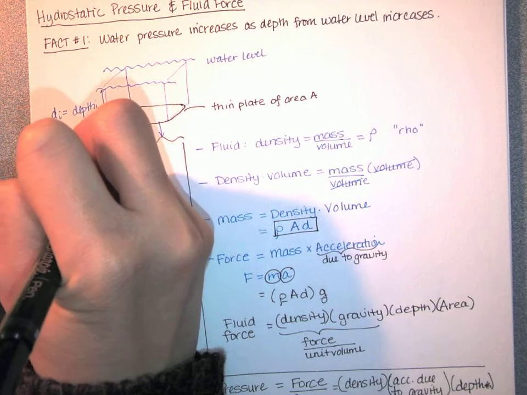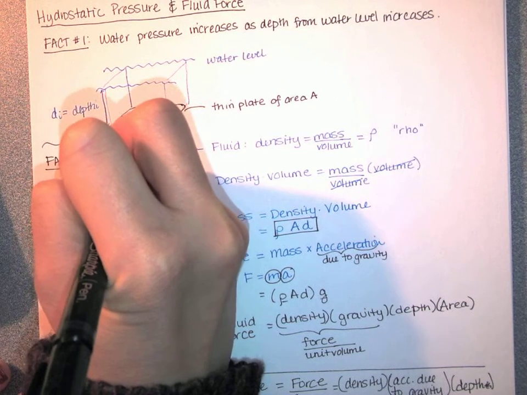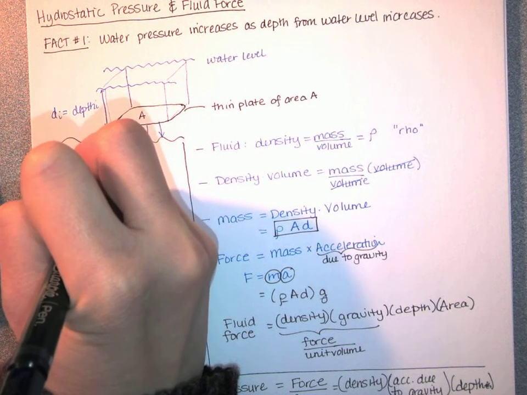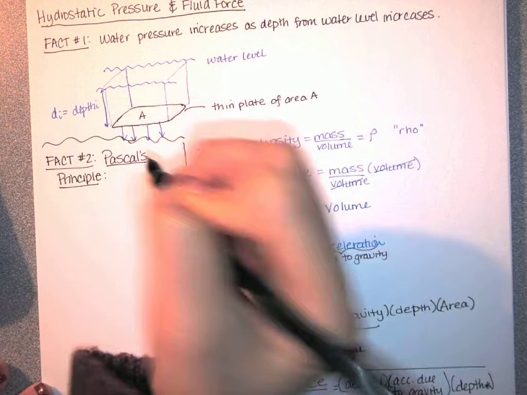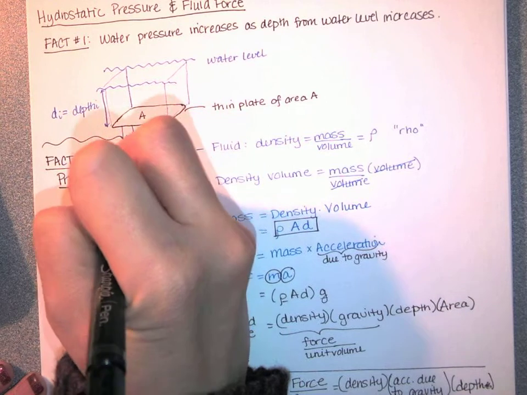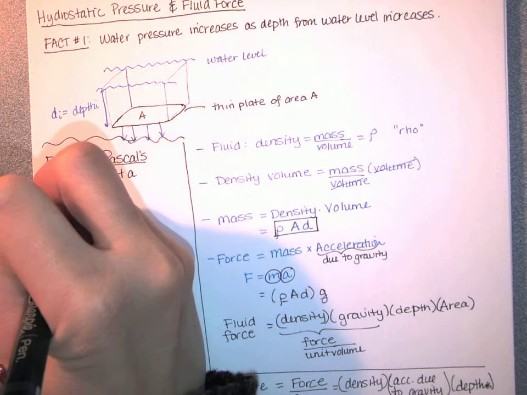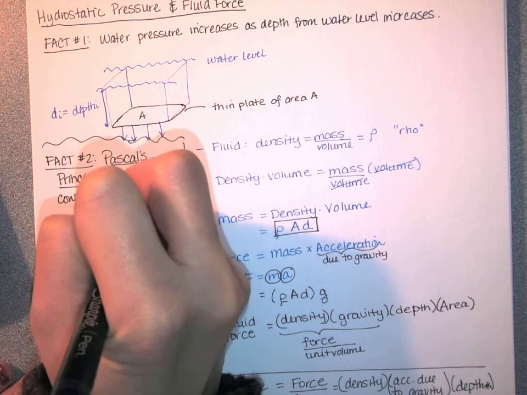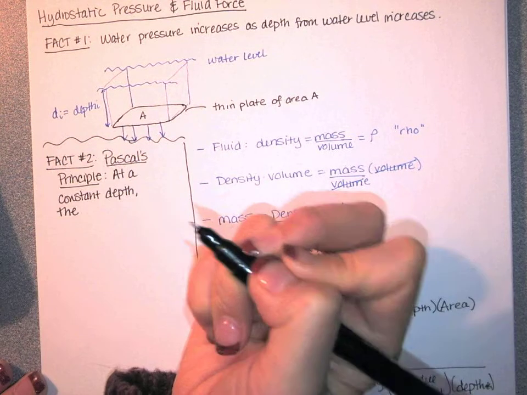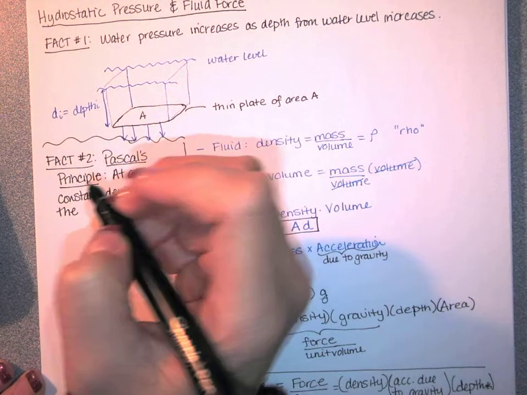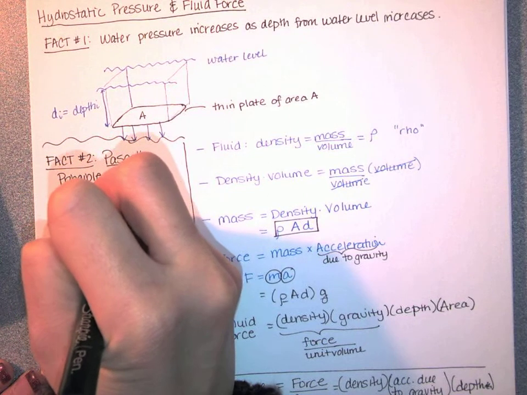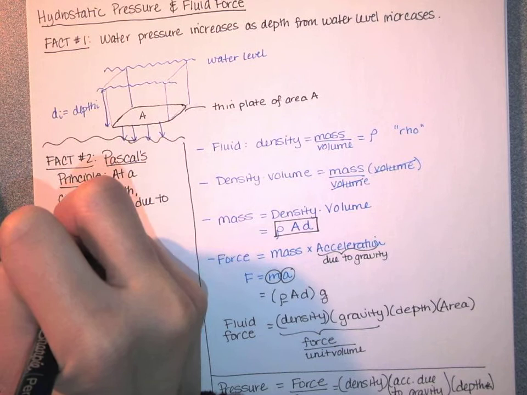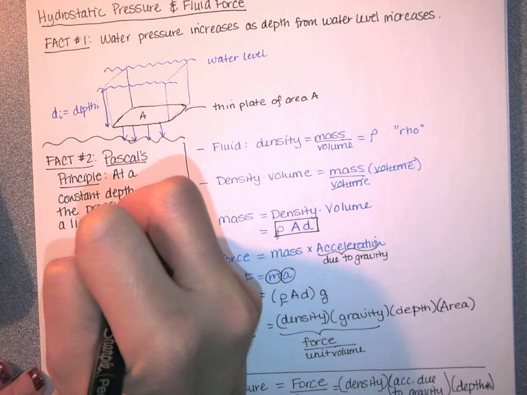is called Pascal's principle. And it says this: at a constant depth, the pressure due to a liquid is the same in all directions.